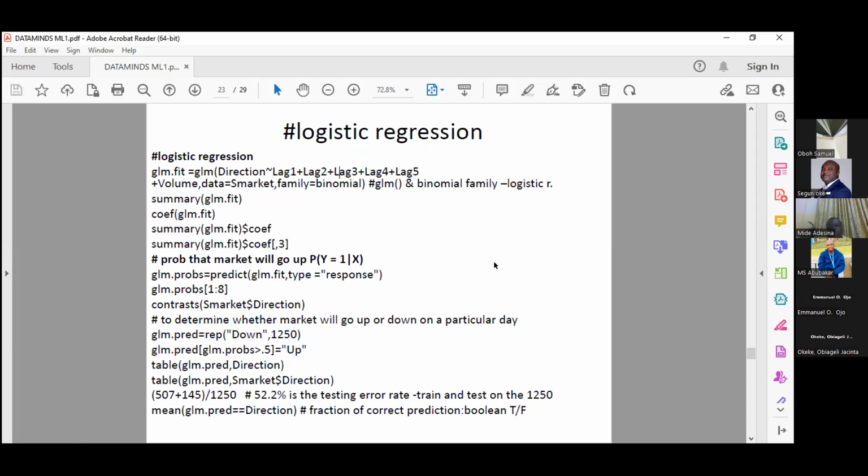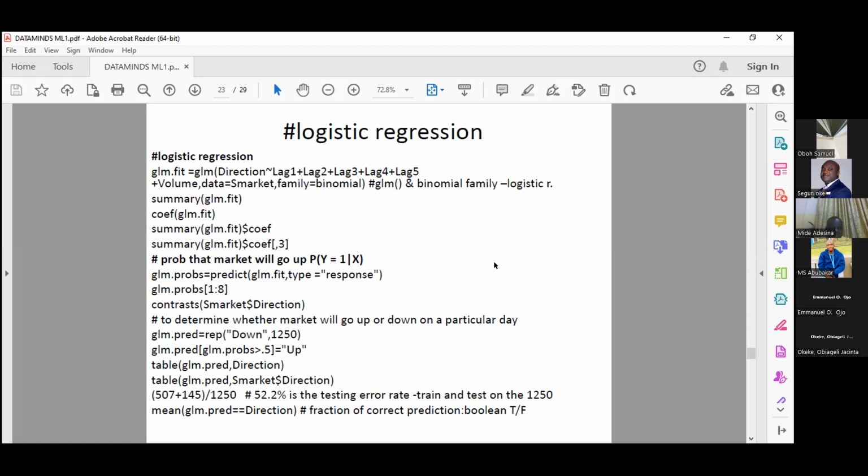We're interested in the first 8, 1 to 8. So we just say glm.probs, square bracket, 1 to 8. If you're interested in 7 to 25, just say 7 colon 25. It will produce that.